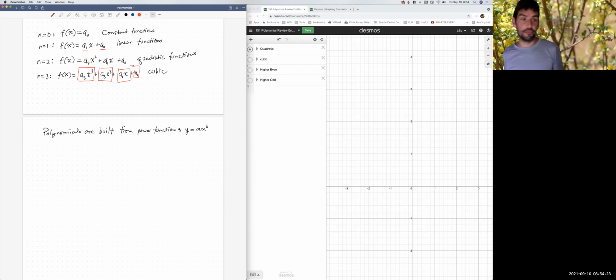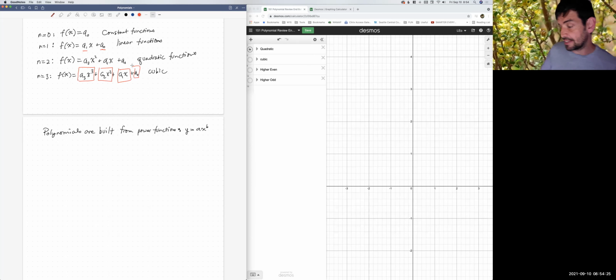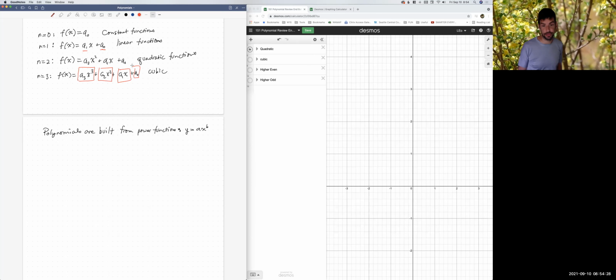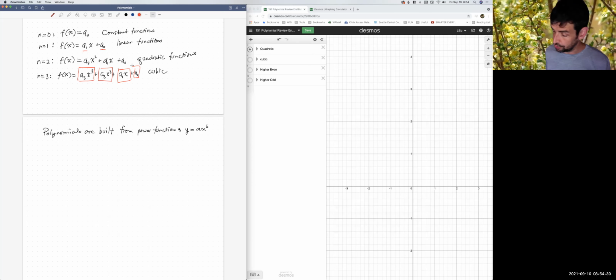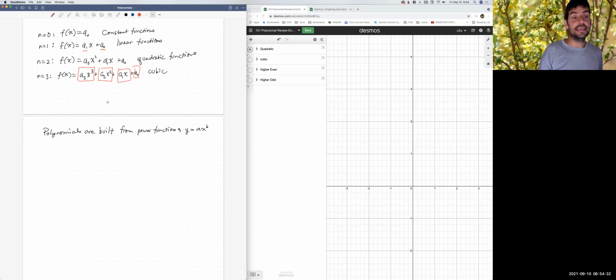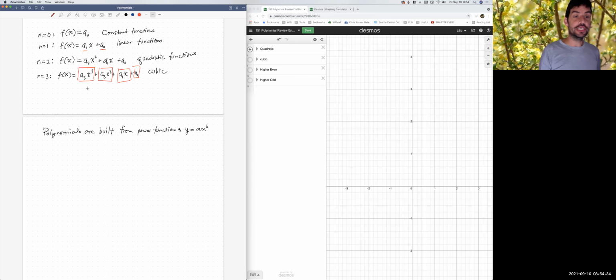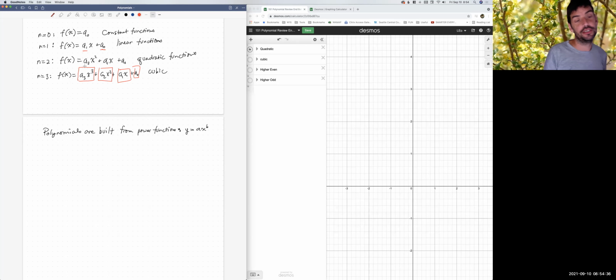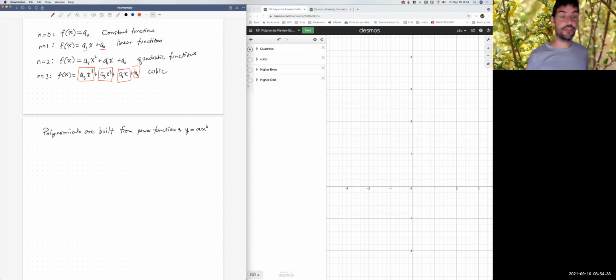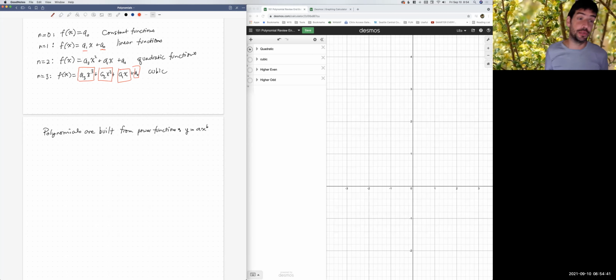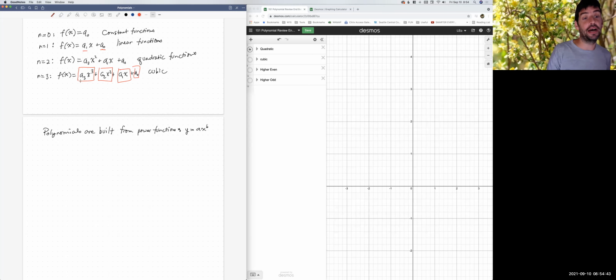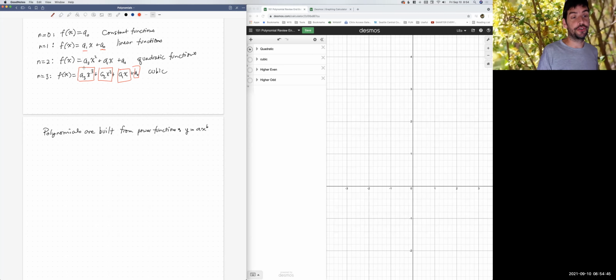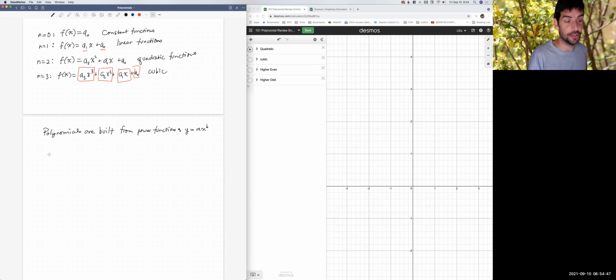We sum them together. Polynomials are sums of power functions. And the degree of our polynomial comes from the power function with the highest power, so we look at this first little piece of each polynomial.